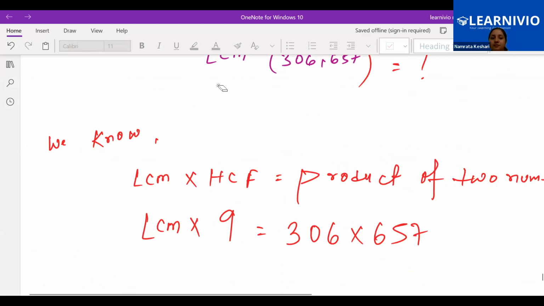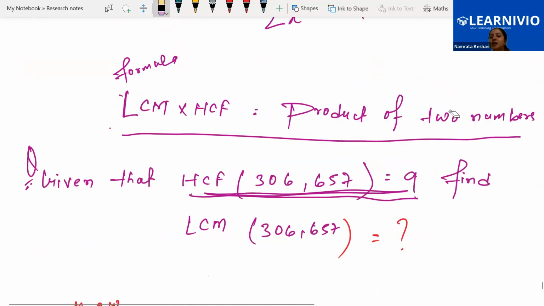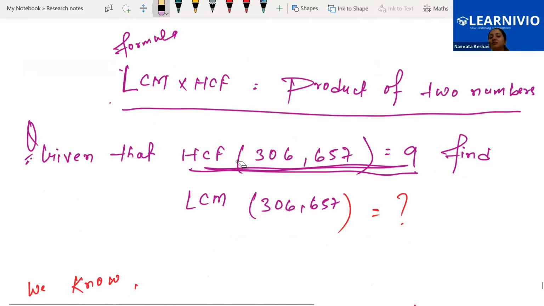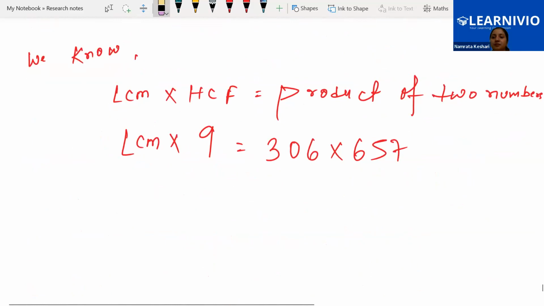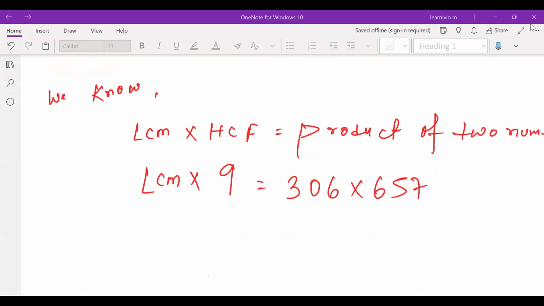Are you doing it? Yes, Ifra, I have given this question. Given the HCF, find the LCM, and I was explaining that whenever we have this type of scenario, we have to find the LCM by using the formula only. Please find it. Yes, ma'am.